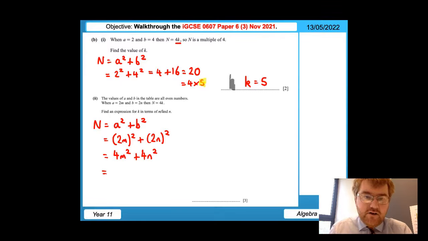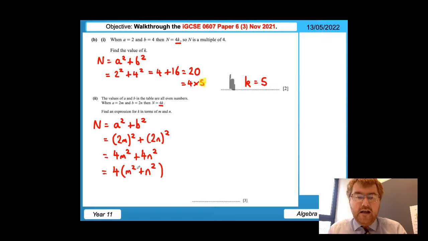So notice I want to write it as 4 times something, and the way I can do this is by putting into that single bracket. So what do they have in common? Well, they have a 4 in common, and let's think what's left. So what do we multiply 4 by to get 4m squared? Well, just m squared. What do we multiply 4 by to get 4n squared? Well, just n squared. And notice we've now written it in the way that they want.